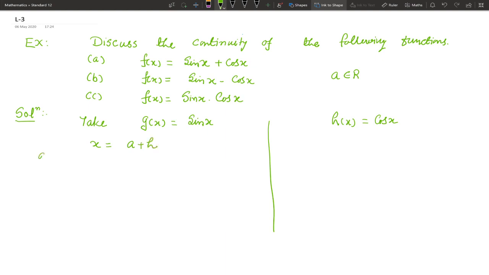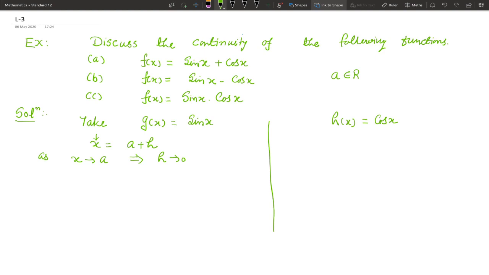So as x tends to a, it implies h tends to 0. It is obvious. Again, we take x equal to a plus h. So as x tends to a, a cancels. So ultimately we can say that h tends to 0.